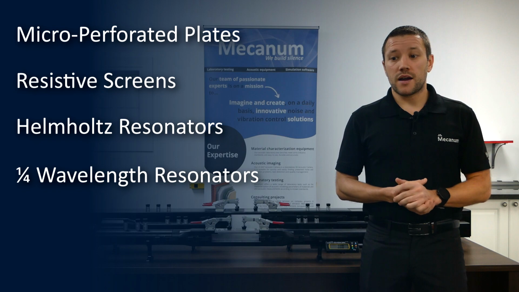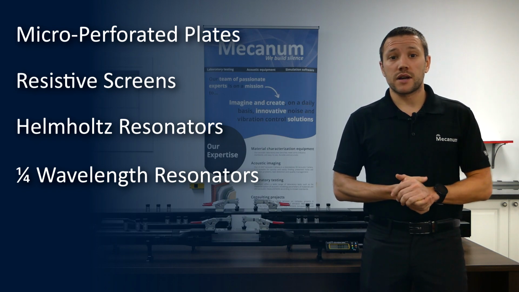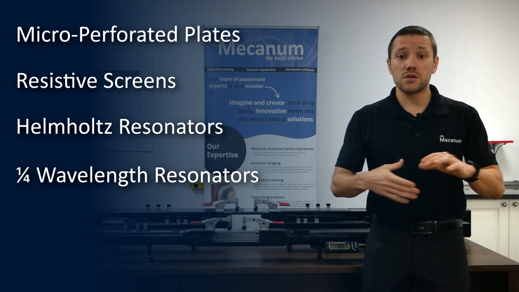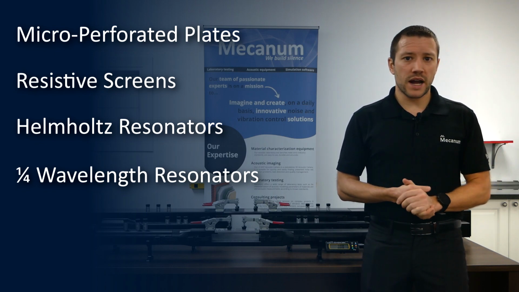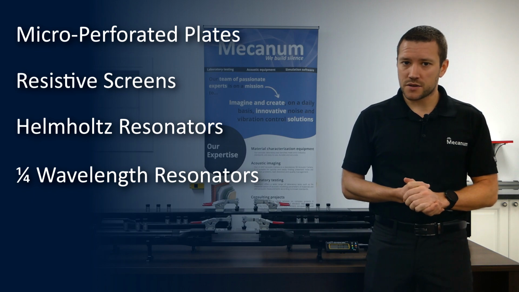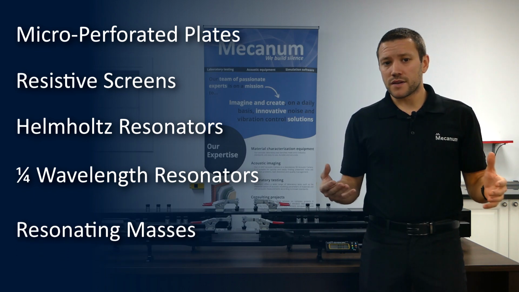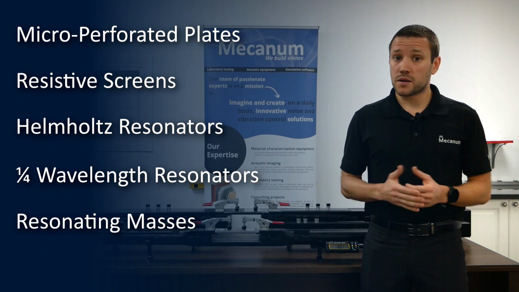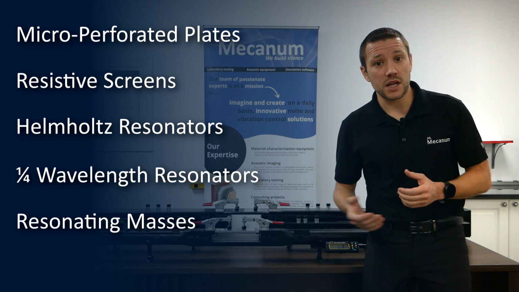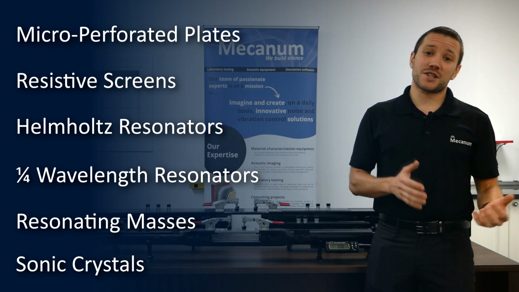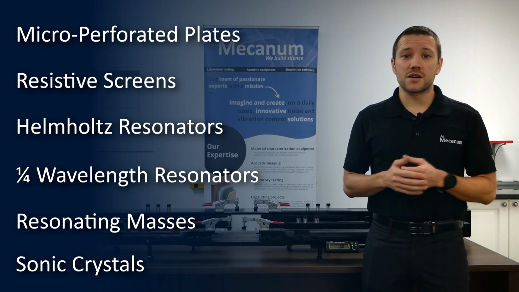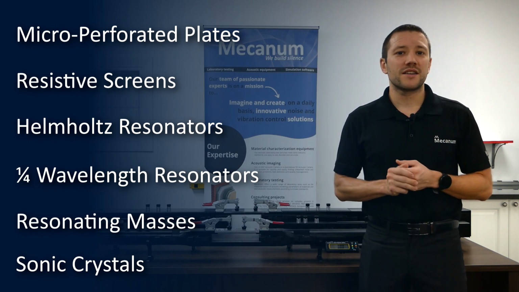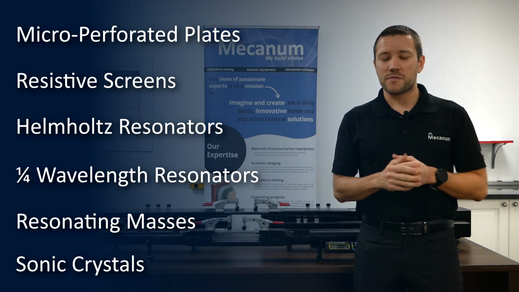So you can think of many applications where you can do circles or different geometry with them. Lately, many articles have come with a labyrinthine solution. So they open the door to many possibilities for acoustic metamaterial applications. You also have resonating mass that can be useful for transmission loss application, and sonic crystals. Sonic crystal, I personally really like this solution because they can easily be combined with other types of material.